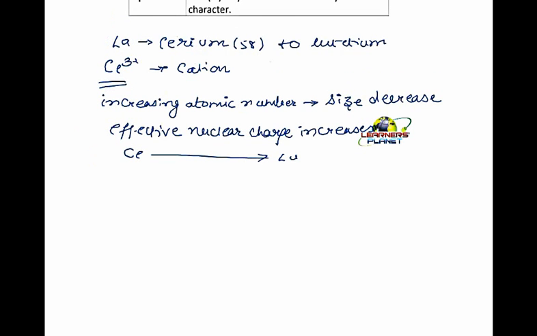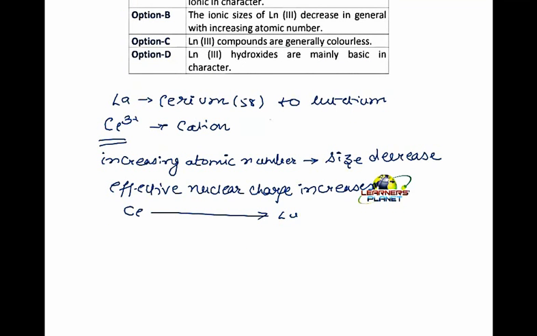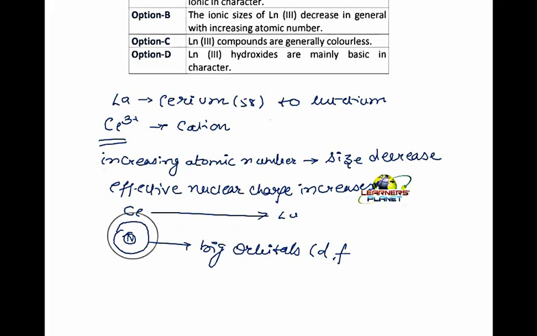Now if I draw the diagram like this, see this is this big, and we have the nucleus at the center. The orbitals which are present within are the big orbitals, like the d and also the f.